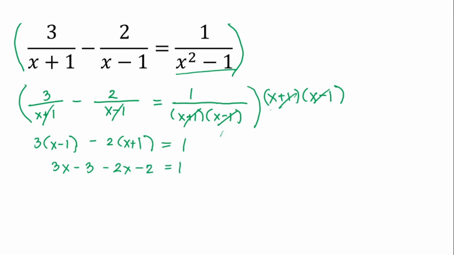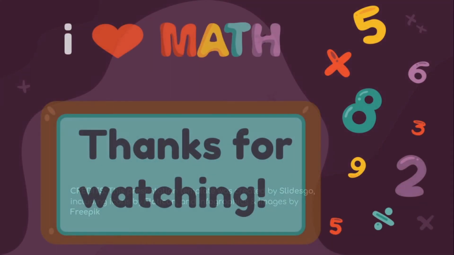Pagsamasamahin natin ang mga common terms. 3x minus 2x equals 1 plus 3 plus 2. Okay? And then, let us simplify. 3x minus 2x ay x. And then, 1 plus 3 ay 4. Plus 2 ay 6. Therefore, x equals 6.